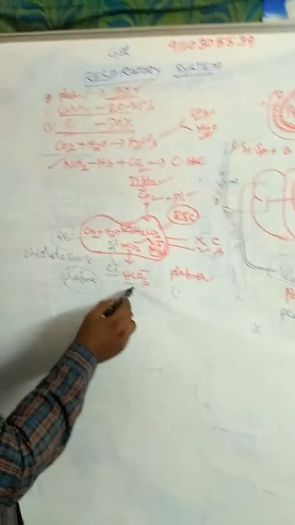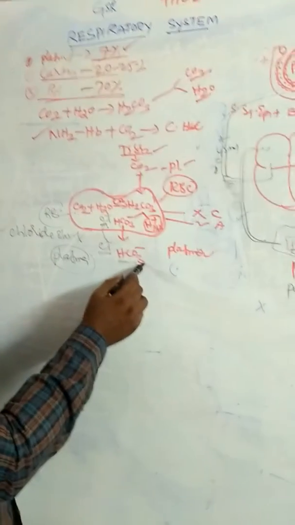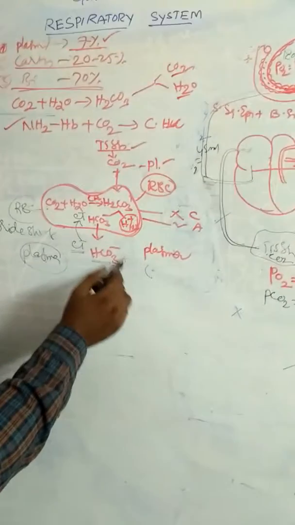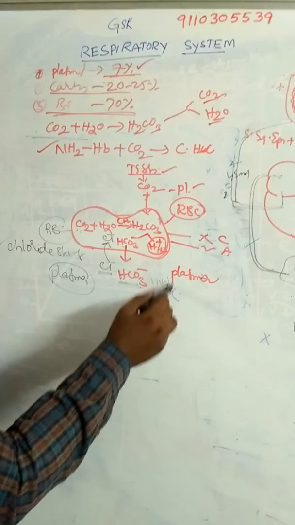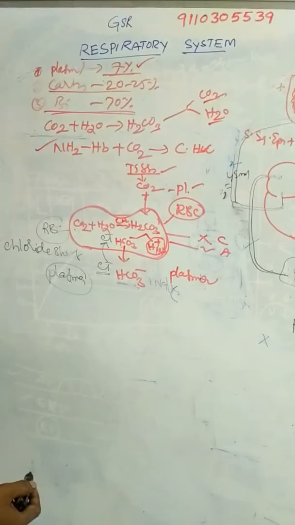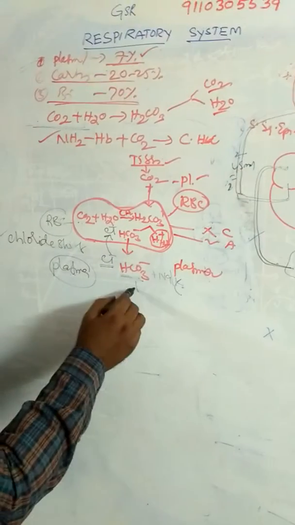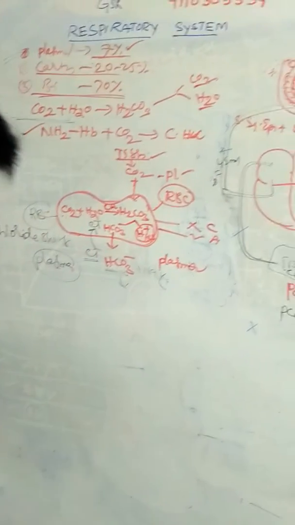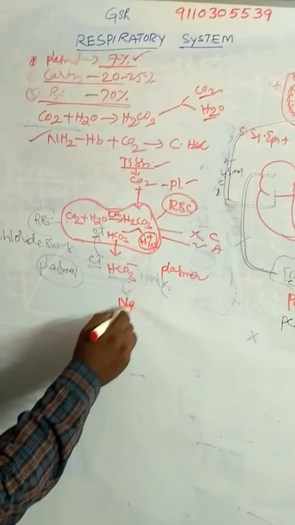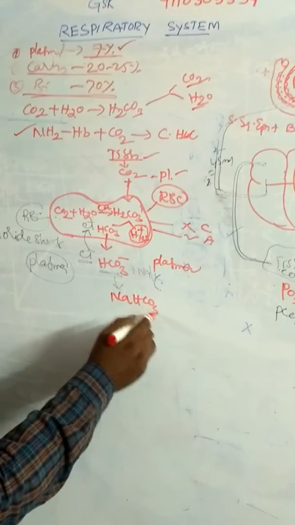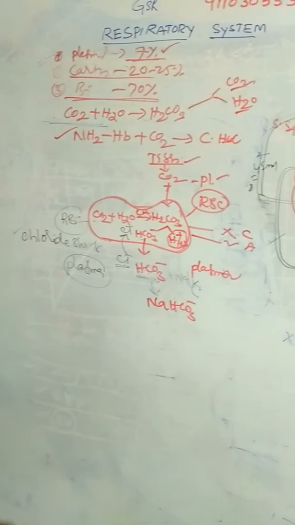In the plasma, this HCO3 minus combines with sodium or potassium to form sodium bicarbonate, NaHCO3, or potassium bicarbonate.